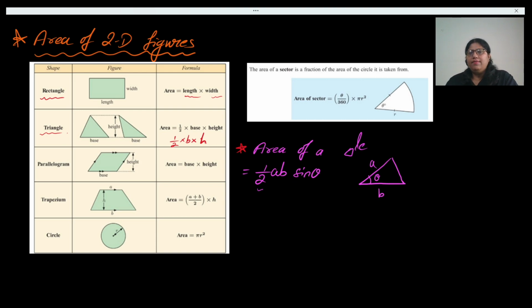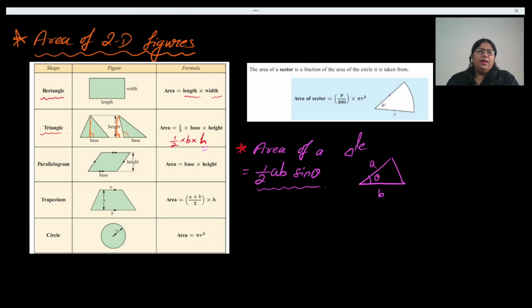Every figure may not give you the height of the triangle, right? If it is an acute triangle, then our height is going to be in the middle, the distance from a vertex to the opposite side. If it is an obtuse triangle, the height is going to lie outside the triangle. So either you use half base times height or half AB sine theta. These two formulas you have to remember to calculate the area of a triangle.